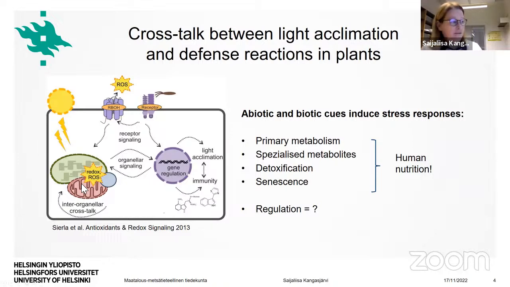We do know, however, that these disturbances, external stress conditions, lead to formation of reactive oxygen species in the organelles that then trigger organellar retrograde signals that also reach the nucleus and affect gene functions in the nuclear genome.